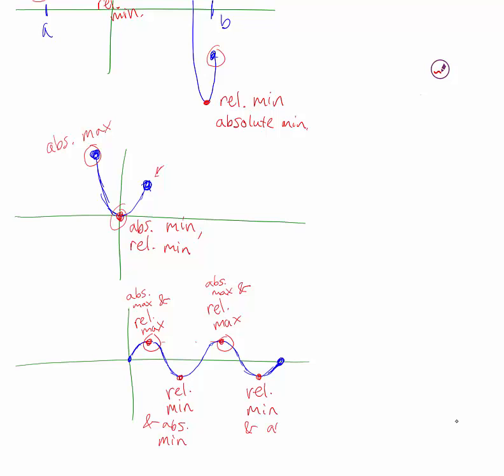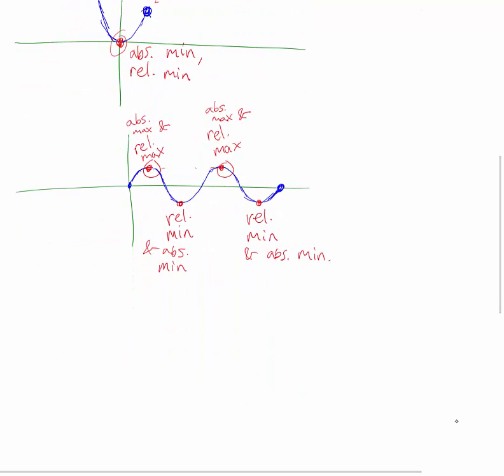So hopefully that gives you an idea of absolute maximums and absolute minimums on an interval, meaning on some part of a graph. An interval is a section of a graph.